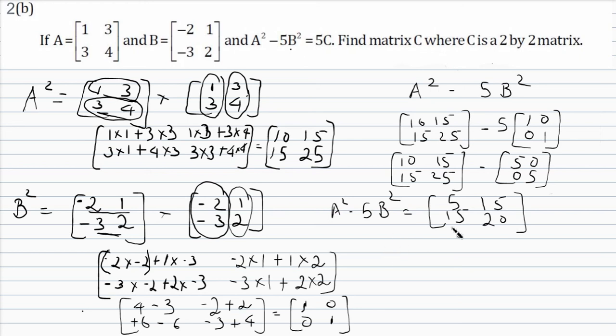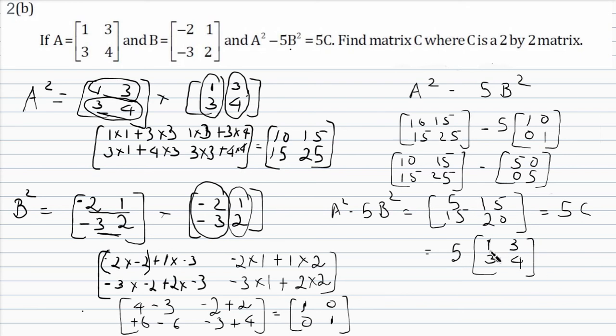Now this is also equal to 5C. Now this matrix, if this is equal to 5C, C would be nothing but all the elements divided by 5. So it will be 5 times 1, 3, 3, 4.